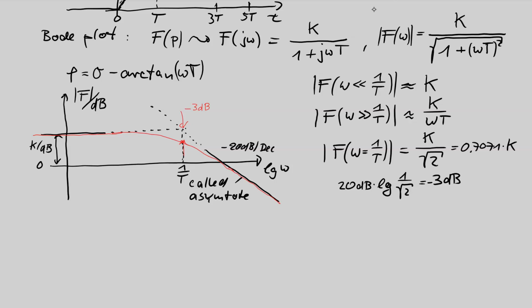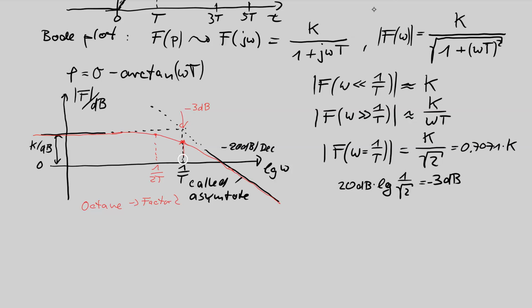If we want to have more points here, there is another interesting point. If we go 1 octave deeper to 1 divided by 2t, this is an octave. An octave in frequency is a factor 2. It comes from music, the octave. If you measure the frequencies of two tones which have a distance of 1 octave, you can easily find that the frequencies have the factor of 2.